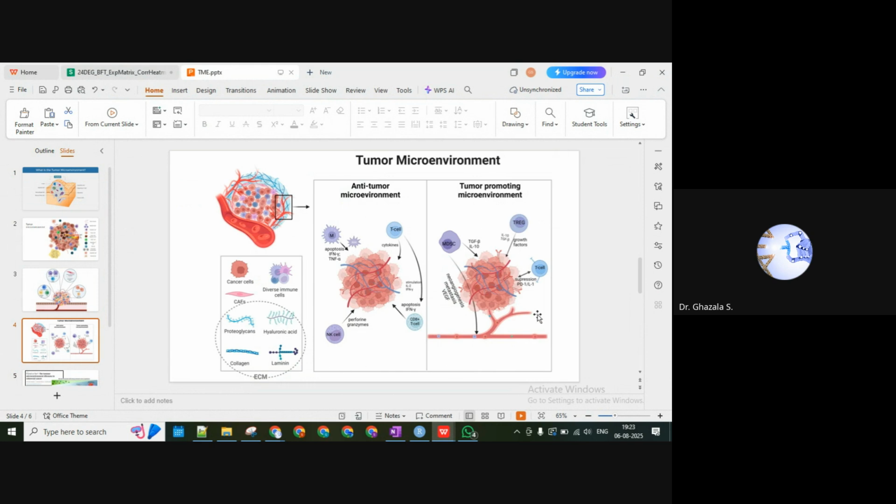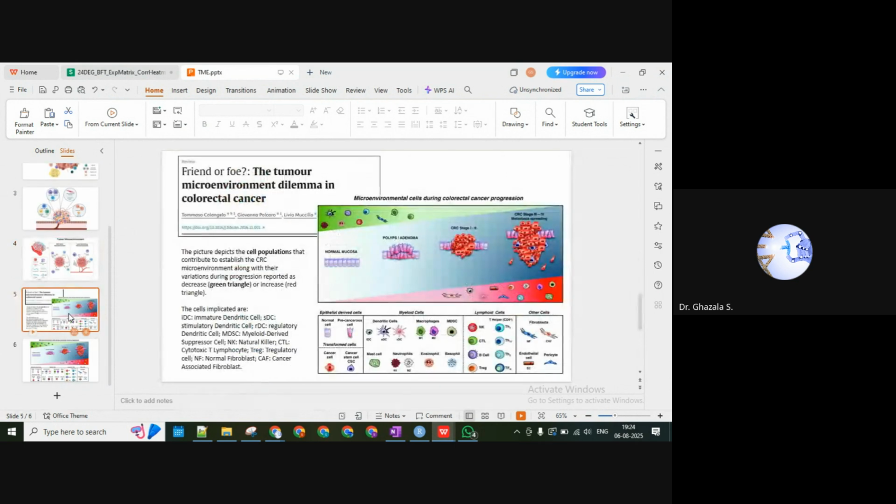Both are included in the tumor microenvironment, so you need to understand which type of environment you want to categorize your genes in, or study their function in. All the modules of the tumor microenvironment do not belong to tumor promoting; some are also involved in suppressing.